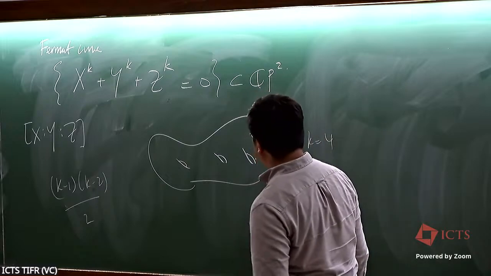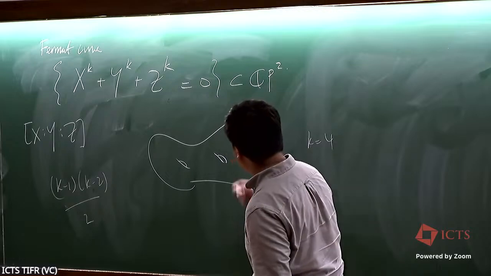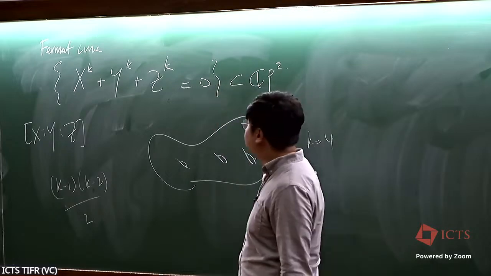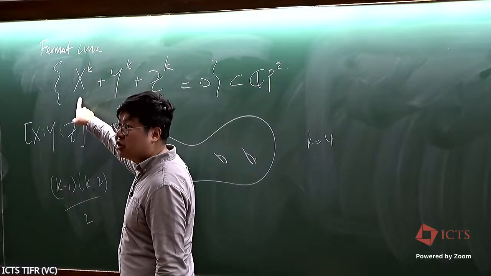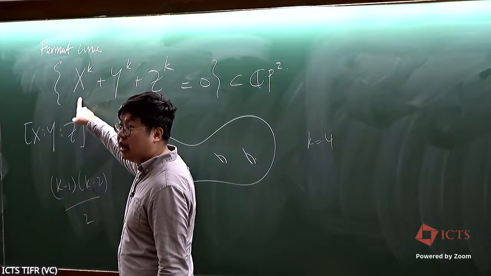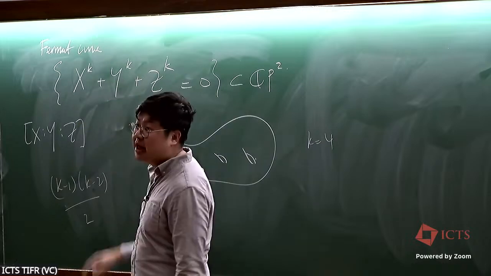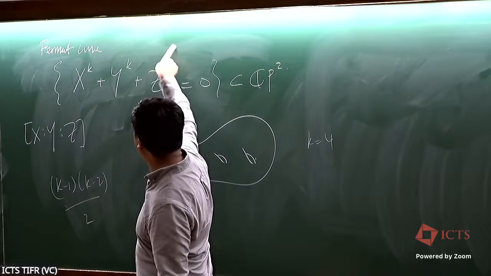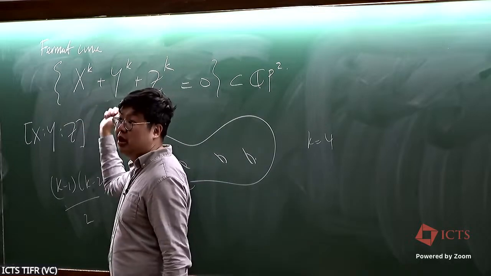Okay, so now you have some obvious automorphisms of the Fermat curve, and as I said, it's helpful to look at this model. Notice there's an order k automorphism where I just multiply x by a k-th root of unity. I have one that multiplies y by a k-th root of unity. I also have one where I multiply z by a k-th root of unity. I can also cyclically permute these three variables.